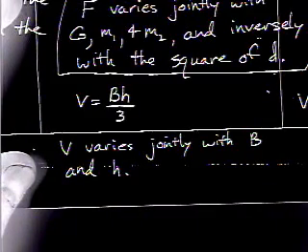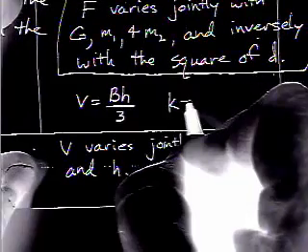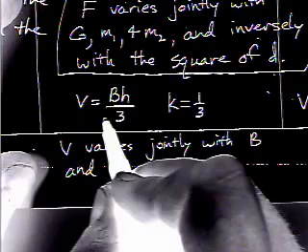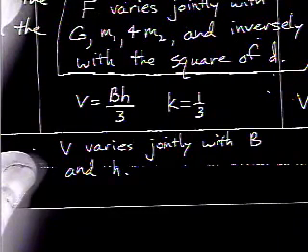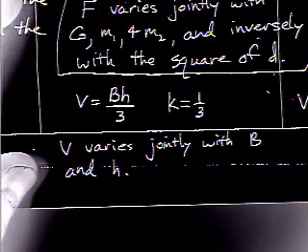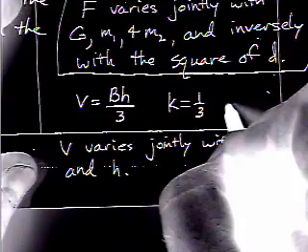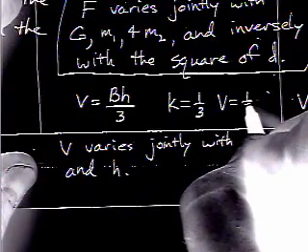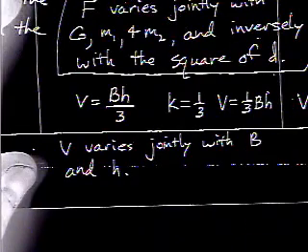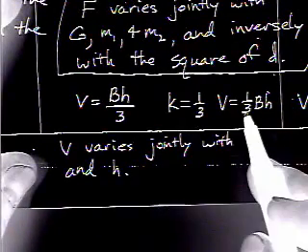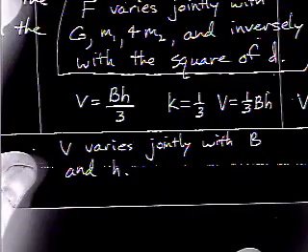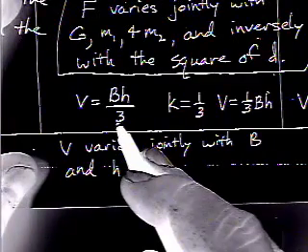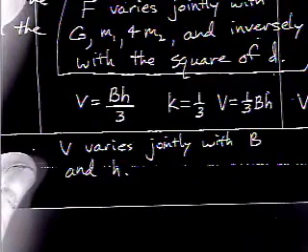Most students do not know it correctly. The K value is 1/3. I know the people say, oh, well, you're dividing by 3. Isn't that inverse variation? No. Another way to write this is V equals 1/3 times B times H. So there's your K value sitting right out there in front. Division is the same as multiplying by the reciprocal.